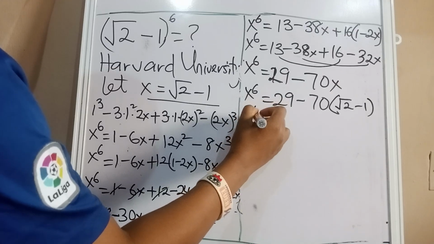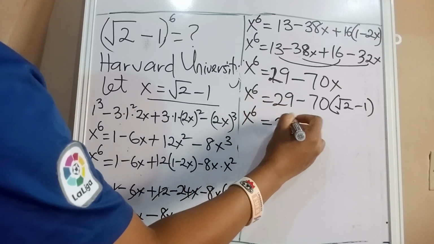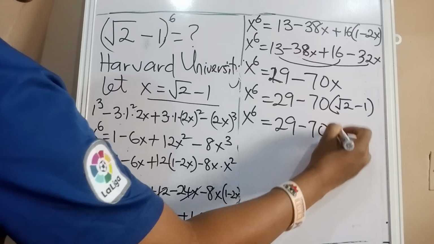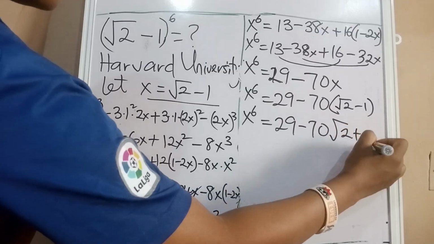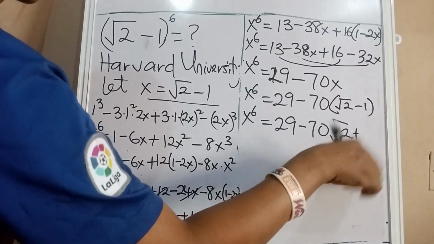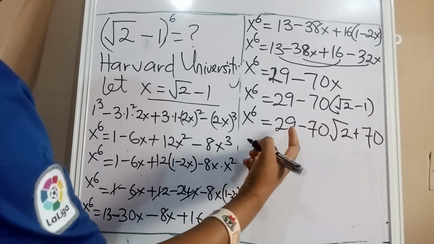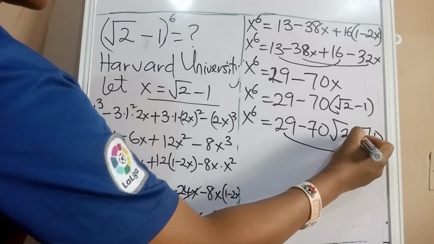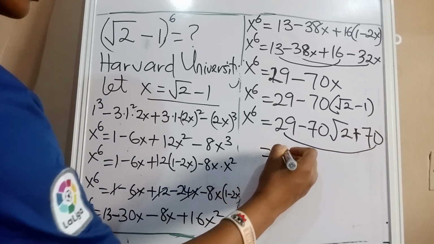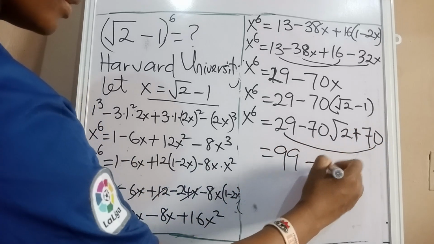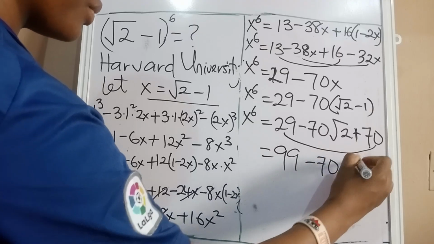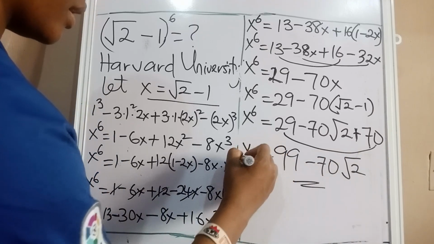So when we open that up, we should have minus 70 root 2 plus 70. Adding this together gives us 99 minus 70 root 2. Yeah, that's the final answer.